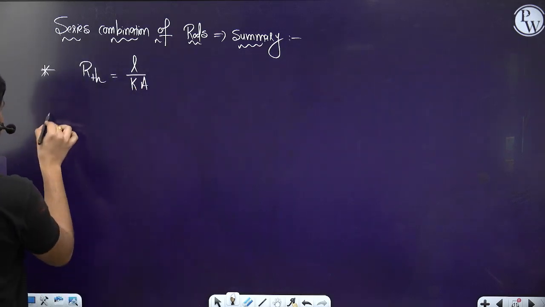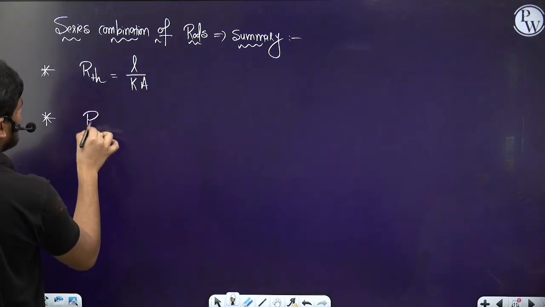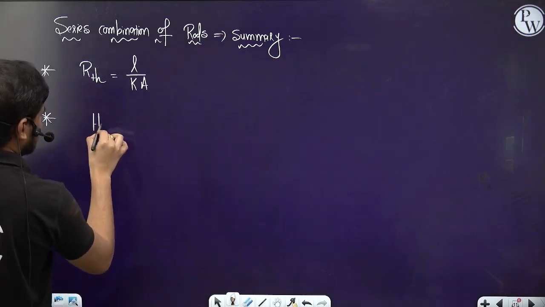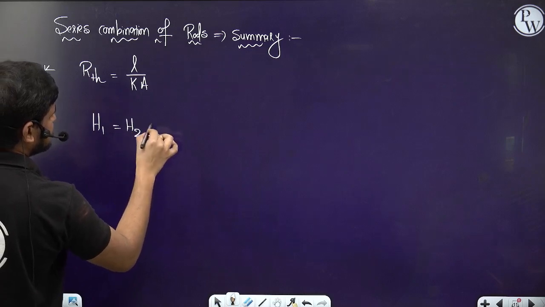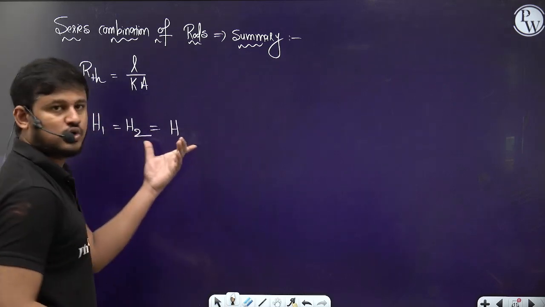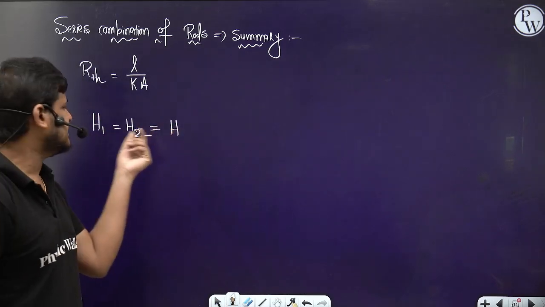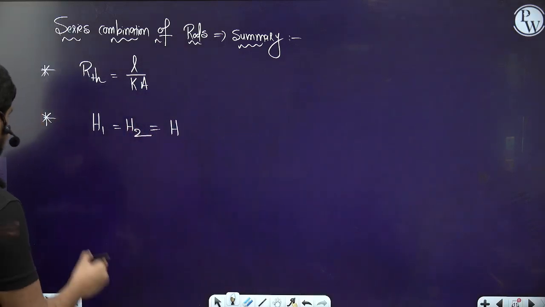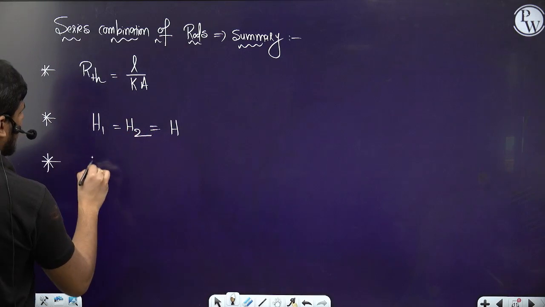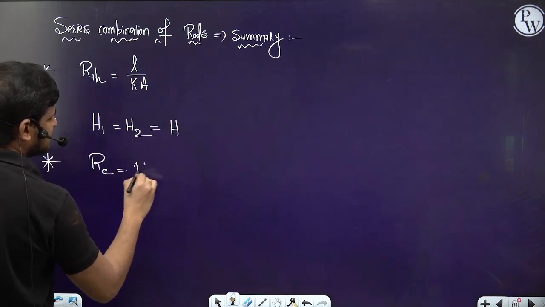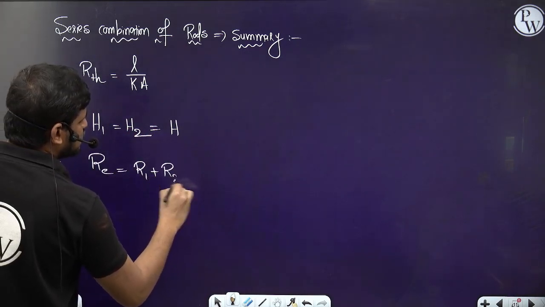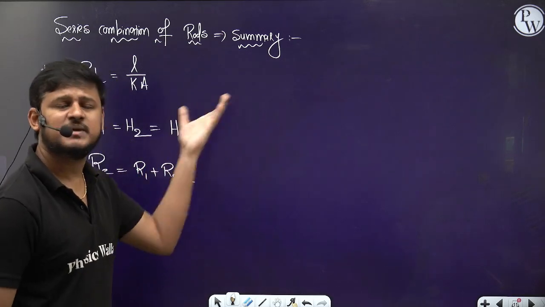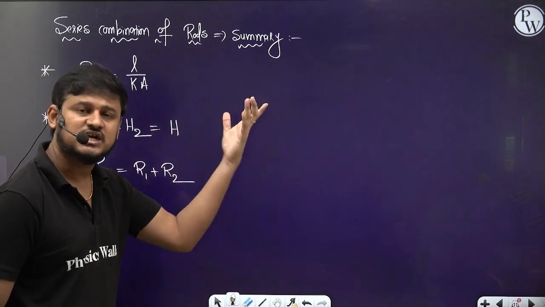In the series combination of rods, the heat current H1 is equal to H2 is equal to H. If there are three or four rods connected, H1 is equal to H2 is equal to H3 is equal to H, like that. The R equivalent will be equal to R1 plus R2; if many are connected, R1 plus R2 plus R3 till Rn.